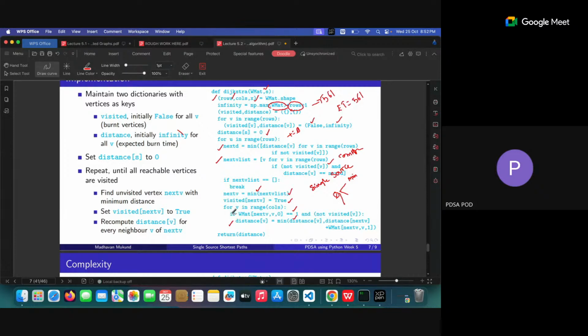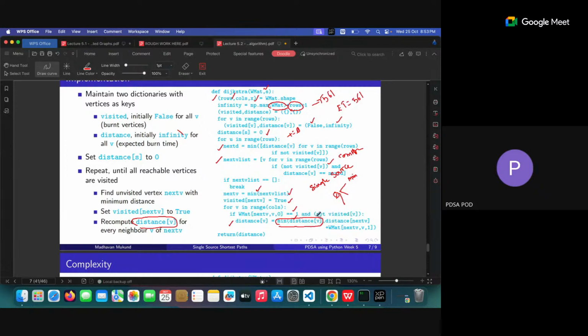So overall, every time it will recompute the distance of V. This recomputing is done for every neighbor of V. Whatever you are visiting, every neighbor is calculated as the next visited, and among every neighbor, we choose the minimum one. That is the minimum distance, the minimum of two parameters.